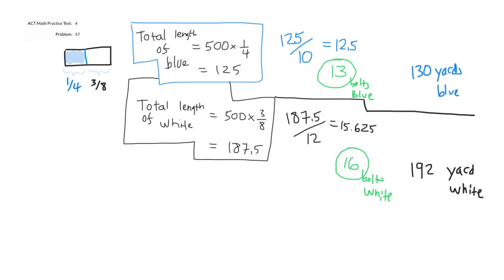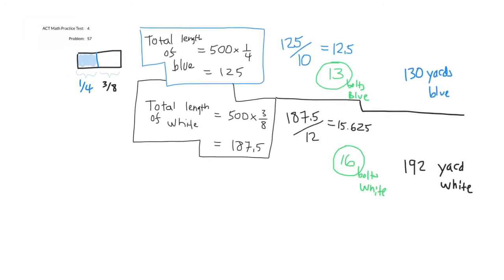So the question is, how many extra banners can we make, given the fact that we have this surplus here? Well, the trick is you need to be very clear about what the difference is between 130 and 125, and what the difference is between 192 and 187.5.